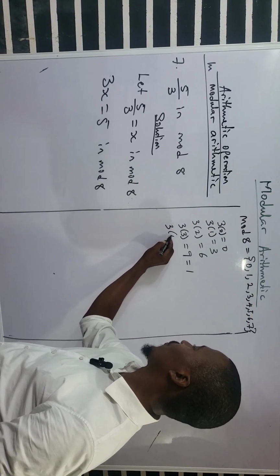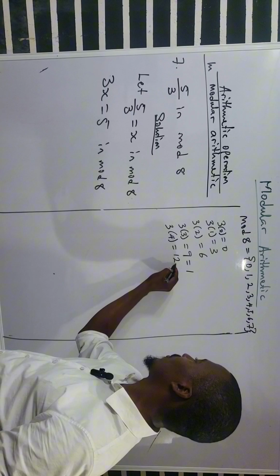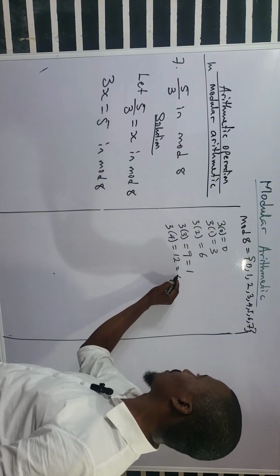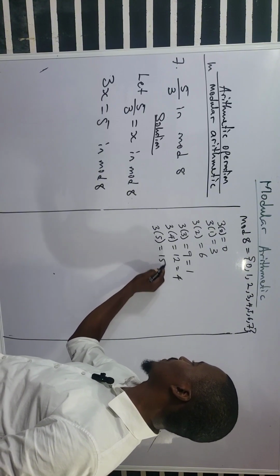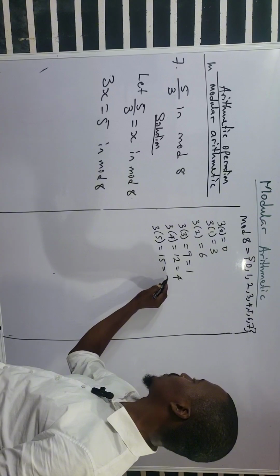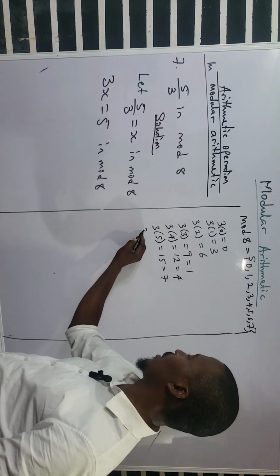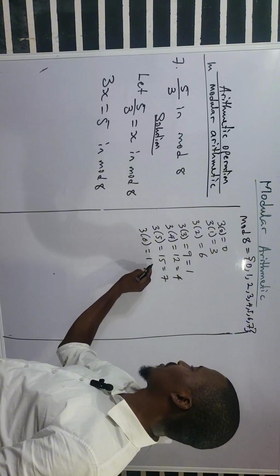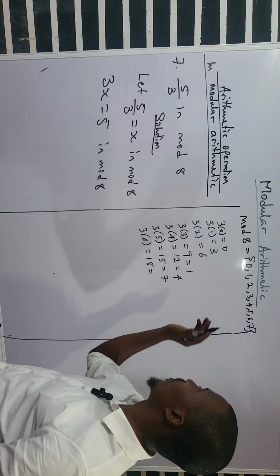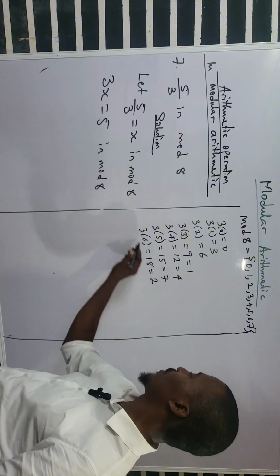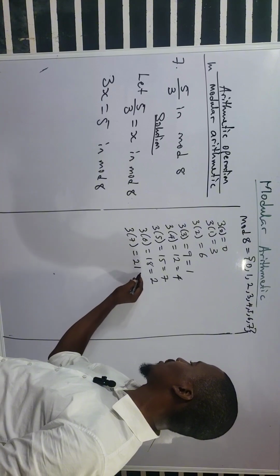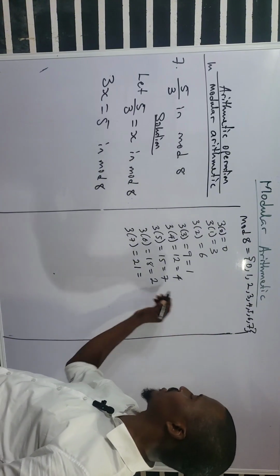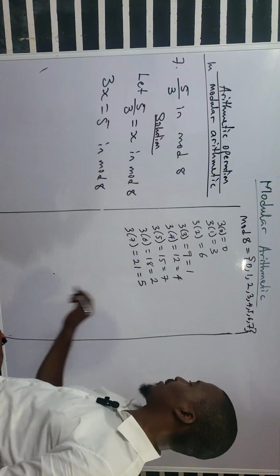3 into 4 will give us 12, and 12 in modulo 8 will give us 4. 3 into 5 will give us 15, and 15 in modulo 8 will give us 7. 3 into 6 will give us 18, and 18 in modulo 8 will give us 2. 3 into 7 will give us 21, and 21 in modulo 8 will give us 5.